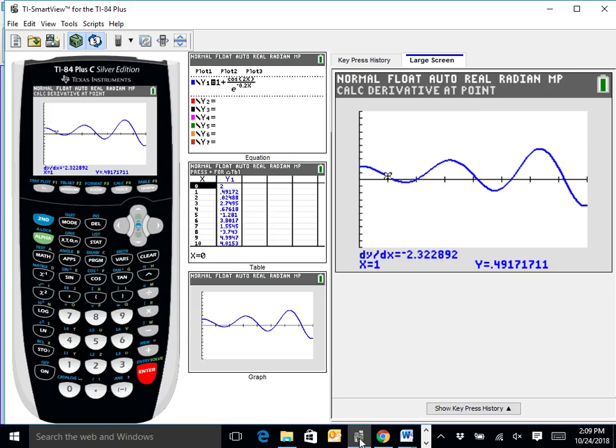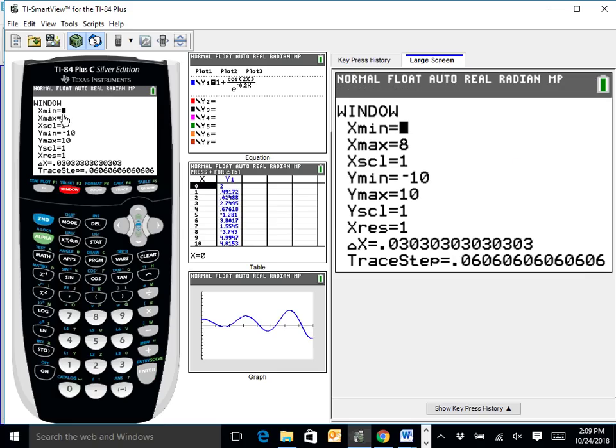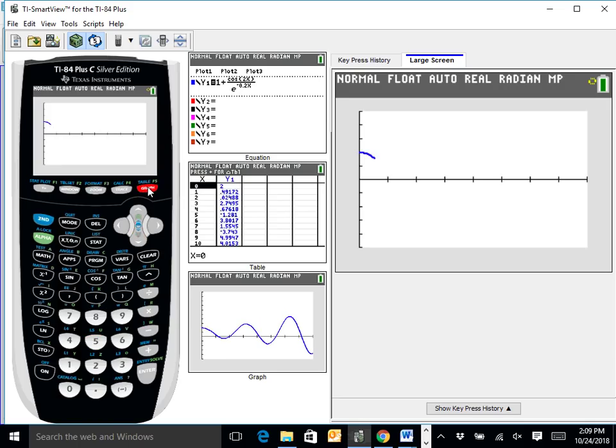Now here's one. If your calculator's in black and white, you might want to shrink that y window just a little bit. Don't mess with the x window. We still want 0 to 8, but go ahead and shrink that y window. Maybe do negative 5 to 5, and it might make it a little bit clearer that we have two separate zeros there.